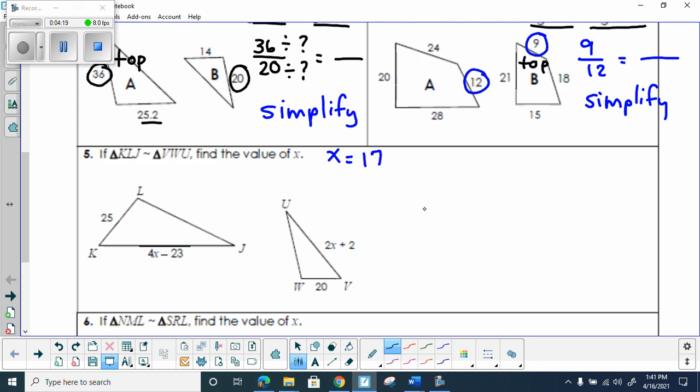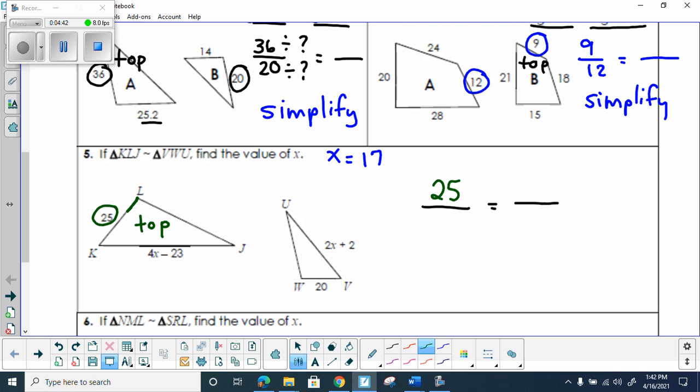Well, we're going to need to write a proportion, so two fractions that are equal to one another. Right, I'll get you started there. Okay, I'm going to go with 25 first. I'm going to put these things on top. Okay, so I need to find the corresponding side of the second triangle.